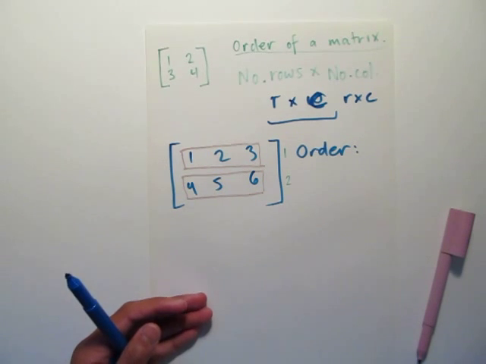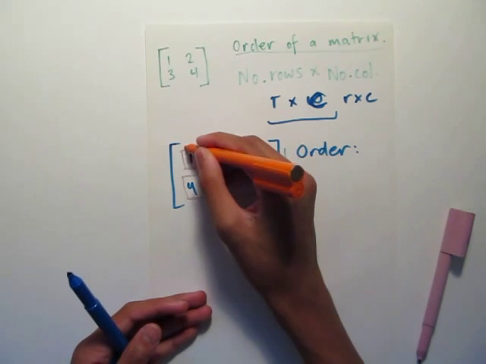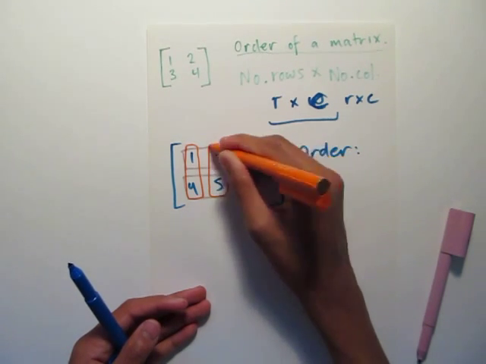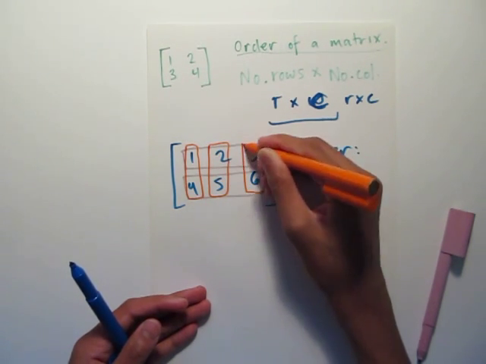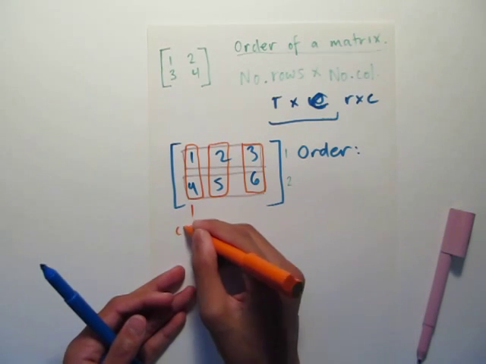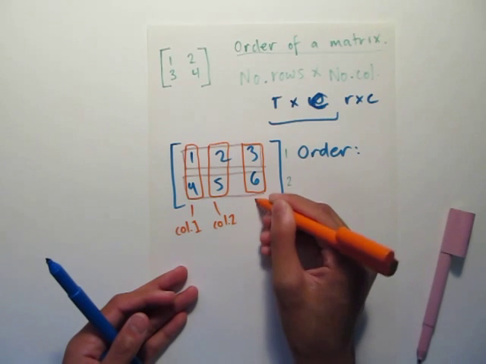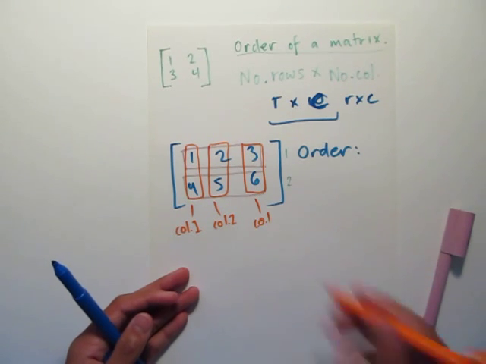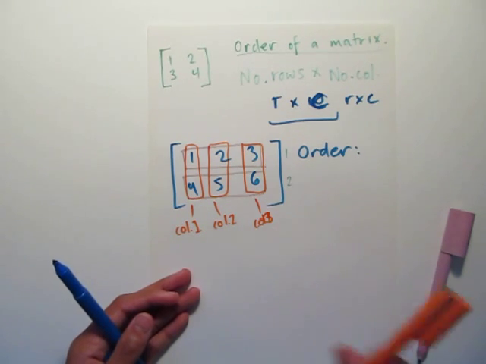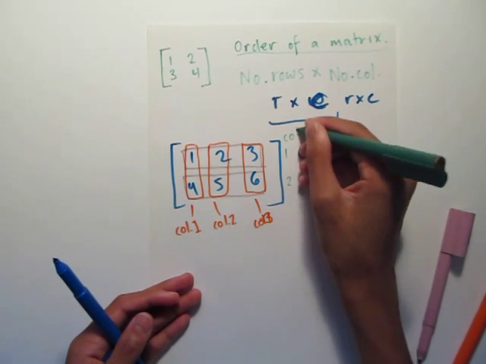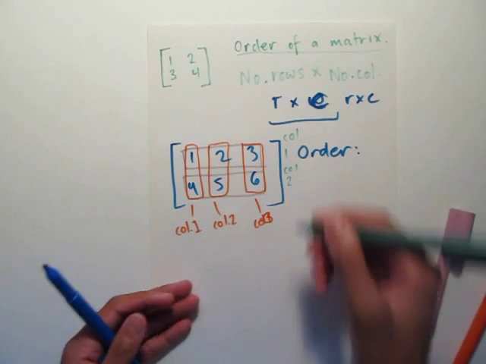Now for the columns, this would be column 1, column 2, column 3. Let's label those: column 1, column 2, column 3, and column 1 and column 2.